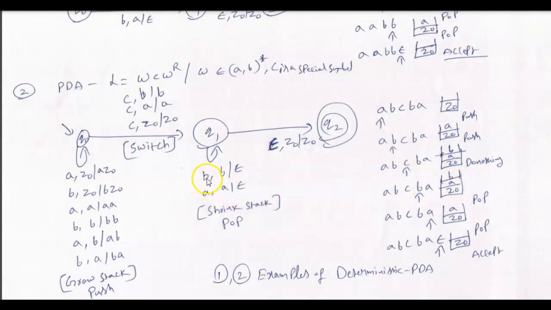If the input is B and the top of the stack is A, it is not accepted, which is why that transition is not mentioned here. Whenever that happens, it is stuck in Q1 rather than reaching Q2, and Q1 is not a final state. Only these two transitions are needed so that the entire valid string can be processed. In this way, the final state acceptance is epsilon, Z0, accept.